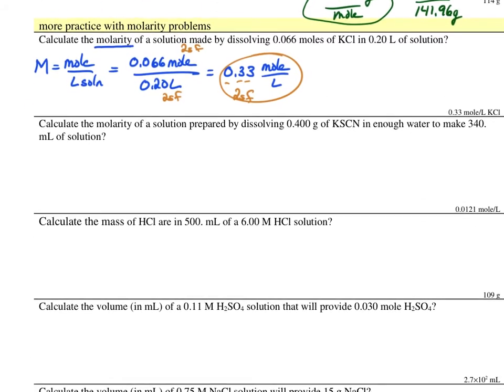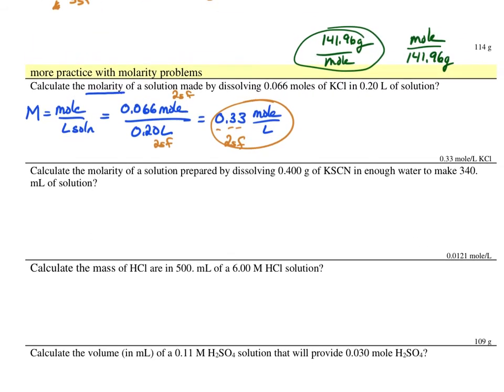Let's look at this next problem. We want to calculate the molarity of a solution by dissolving so many grams in enough water to make 340 milliliters of solution. So again, we want to get to molarity. We can remind ourselves that molarity is moles per liter. However, we're not given moles, we're given grams. So we're going to have to calculate the number of moles in this sample.